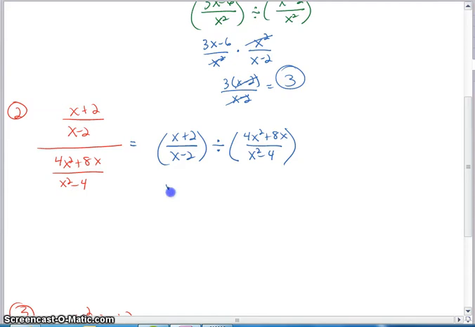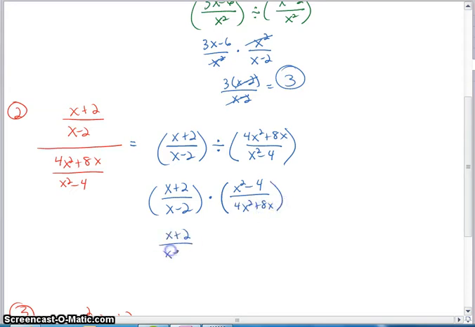So the first fraction doesn't factor. x plus 2 doesn't factor, x minus 2 doesn't factor. The second fraction does factor. I've got x squared minus 4, and I've got 4x squared plus 8x. The numerator is really x squared plus 0x minus 4.